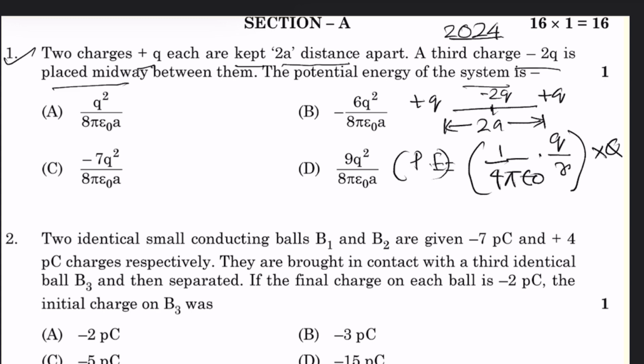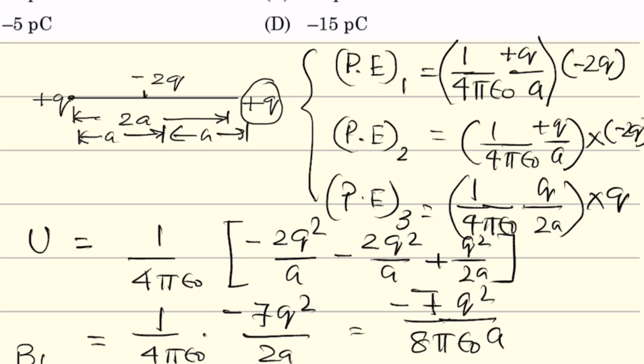The potential energy on plus Q charge, because of this plus Q charge, is U1, suppose, 1 by 4 pi epsilon 0. Now the potential energy between minus 2q and plus q is plus q by a, where a is the distance, and minus 2q is the charge here.